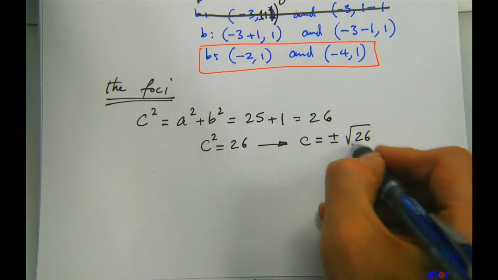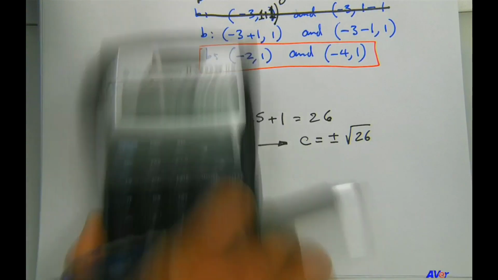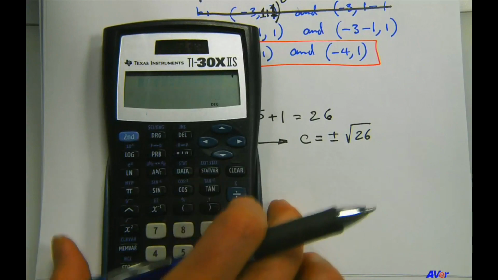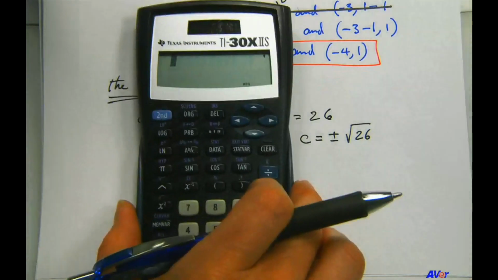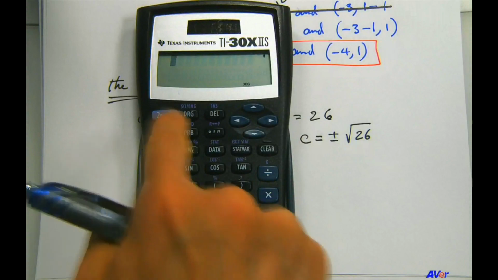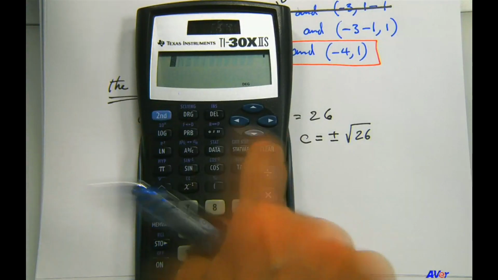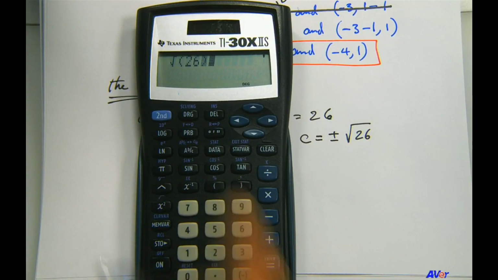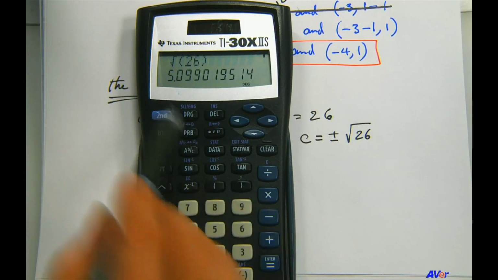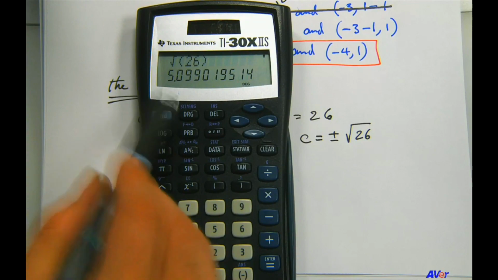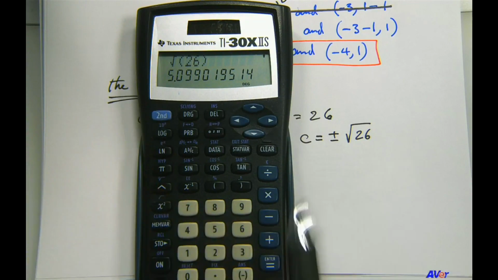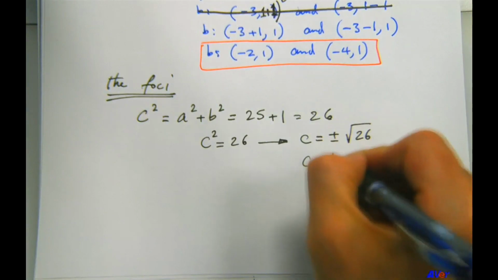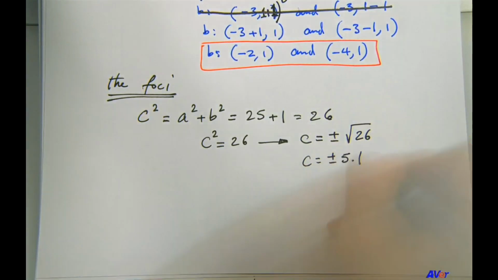Let's take the square root of that. So roughly, let's round that to plus or minus 5.1. Okay, so c equals plus or minus 5.1.